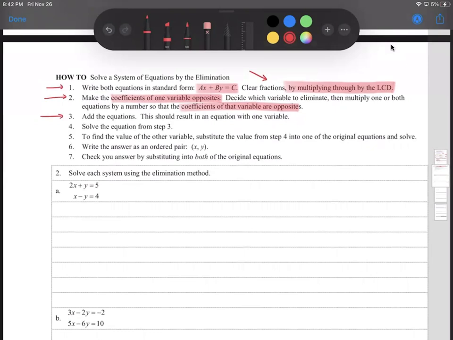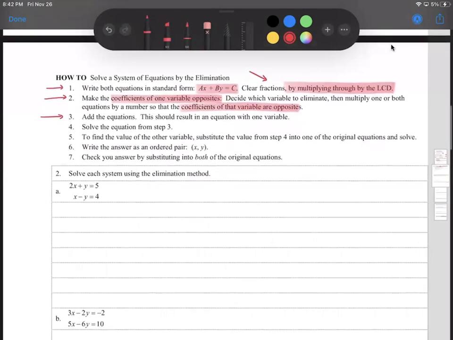Just add down like we did in objective 1. This should result in an equation with one variable. If you still have two variables, something is wrong. Go back and do it again.